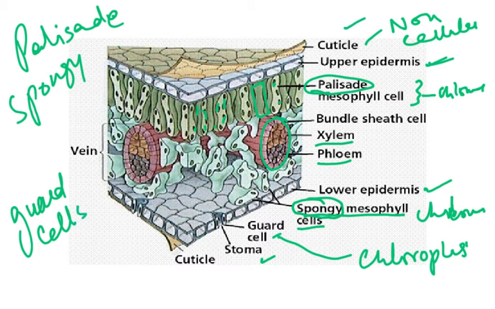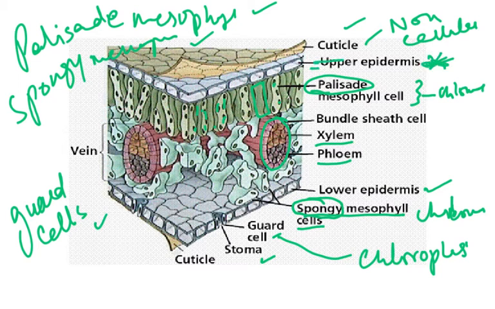So three structures have chloroplasts: palisade mesophyll, spongy mesophyll, and the guard cells. 1, 2, and 3. So the upper epidermis does not have any guard cells, and no guard cells in the lower epidermis. No chloroplasts in the upper epidermis, no chloroplasts in the lower epidermis.